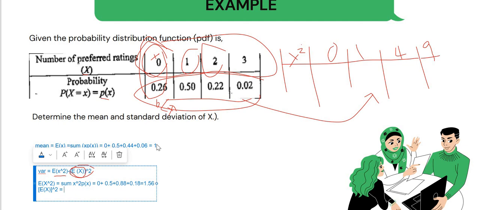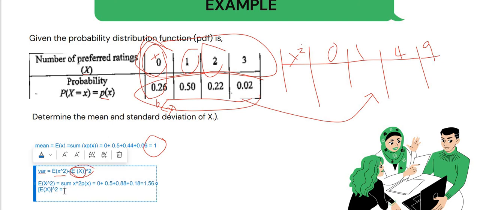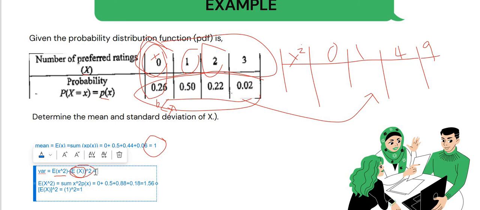The E of X just now is 1, power 2, so it's still 1 lah. So you already get these two. Next, you just substitute into the equation of variance just now. So 1.56 minus 1, the answer would be 0.56. So this is your variance.